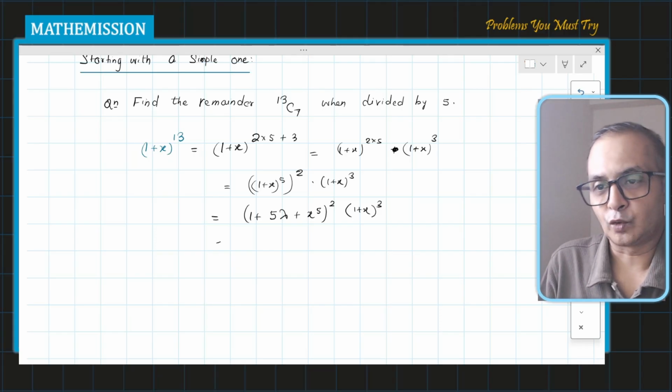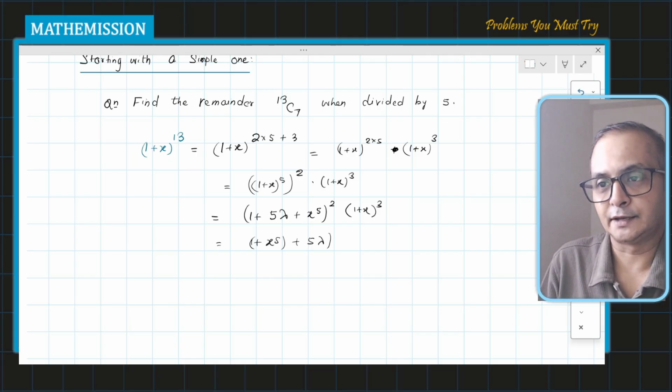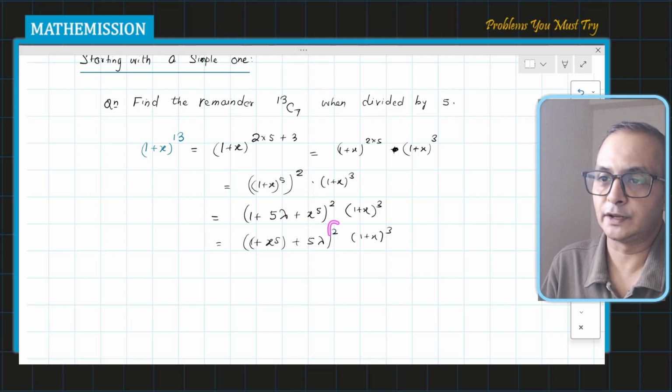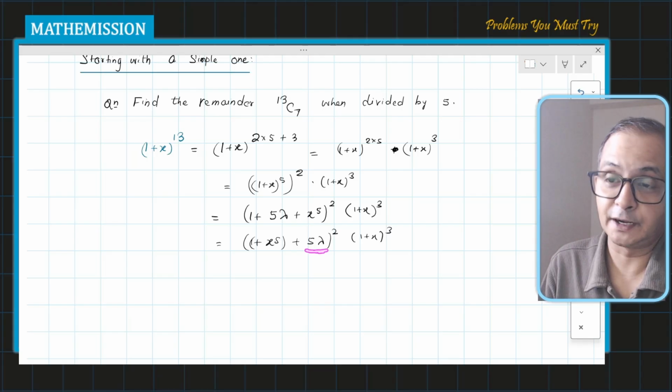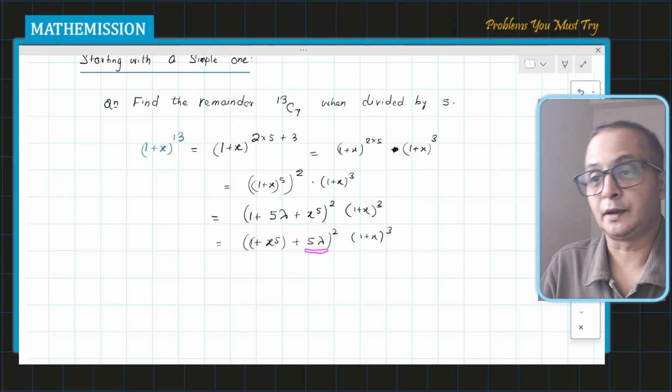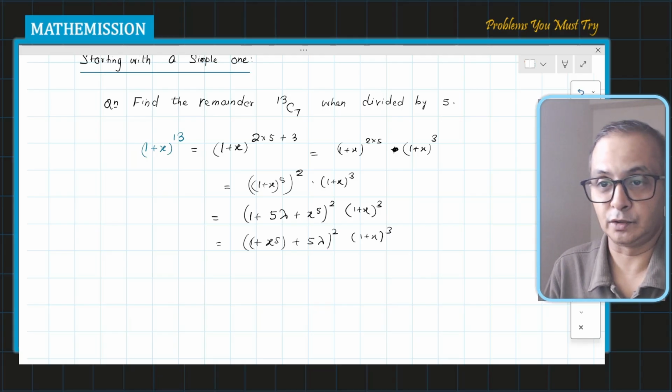Now notice that what I can do now is write this as (1 plus x to the power 5 plus 5 lambda) again the whole square. And this time you notice that it doesn't matter what the power is, because again the second term is a multiple of 5, and I'm applying once again the binomial theorem over here.